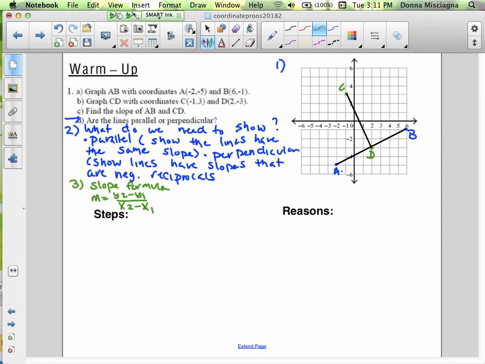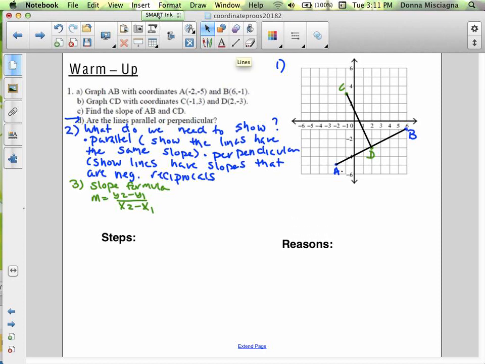All right, so now step 4 is our work. I'm going to move this down a little bit because this is a very short proof. I really don't need this much space. All right, so step 4. We're going to find the slopes. That's going to be our work.